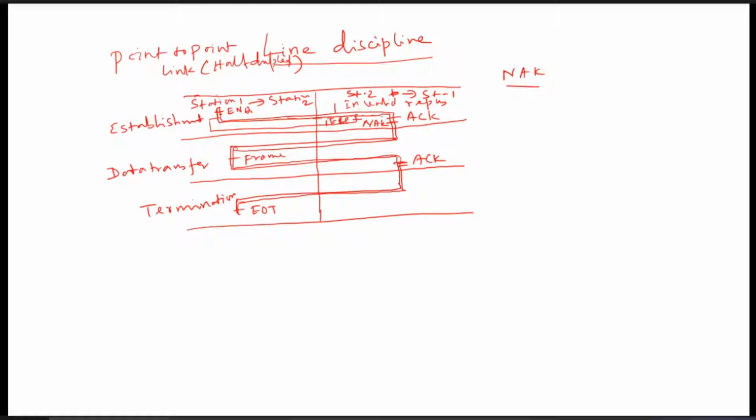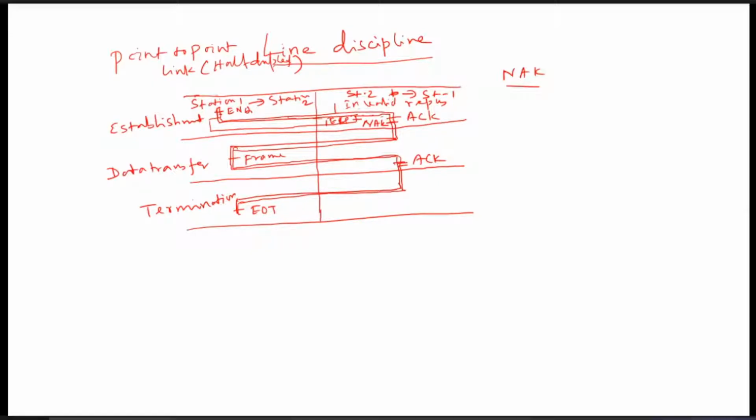There can be one frame, and more subsequent frames can also be transmitted, but with proper acknowledgement. So that is the data transfer phase. And in the termination, see here, any of the stations can initiate the termination by sending this EOT message.